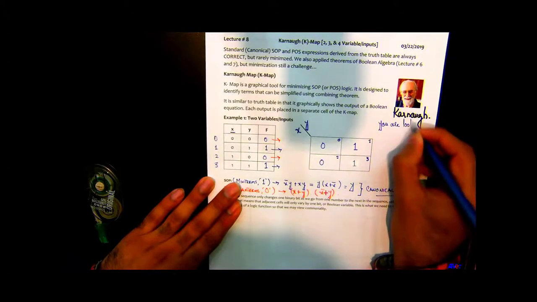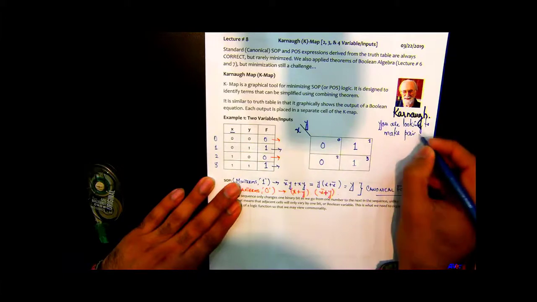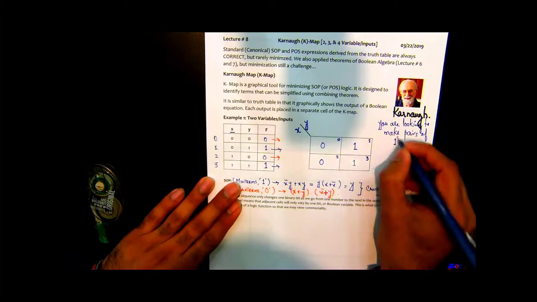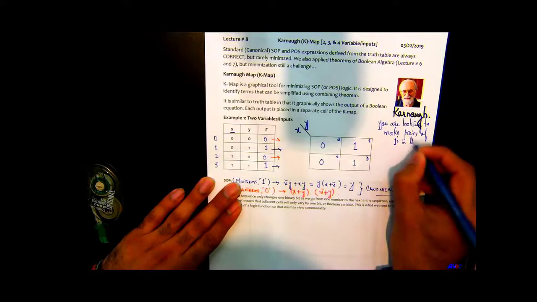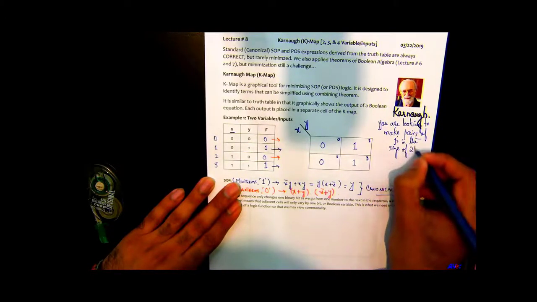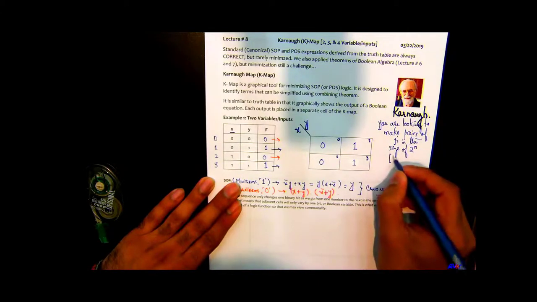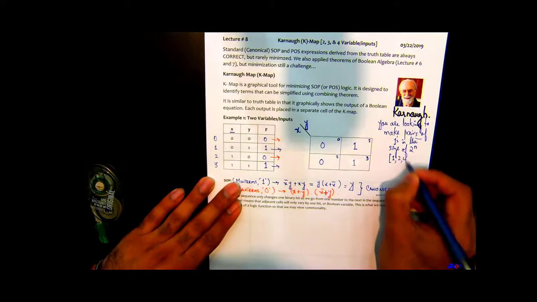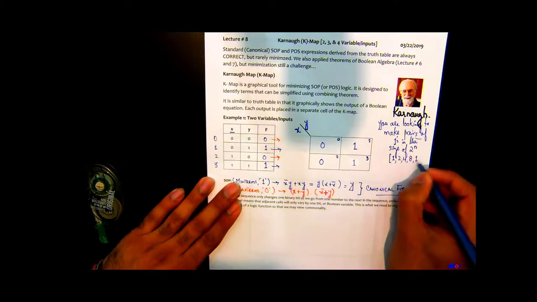You are looking to make pairs of ones in the size of 2 to the power n. This would mean you can make sizes 1, 2, 4, 8, 16, and so on. And how you make a pair, you always look at adjacent ones. Remember that.